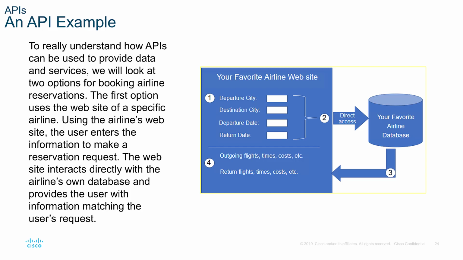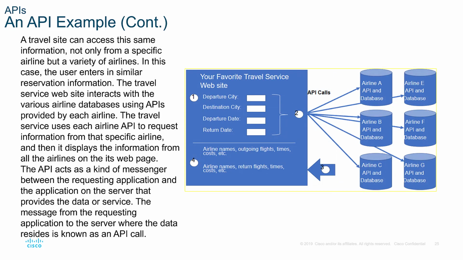So that'd be step 2. Step 3 is the return. Step 4 is the actual output. An API would actually have you enter information, and then it would do calls to different databases, different airlines. Not having a single airline, but as many airlines as you want.